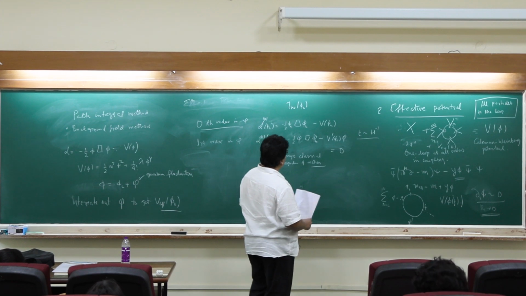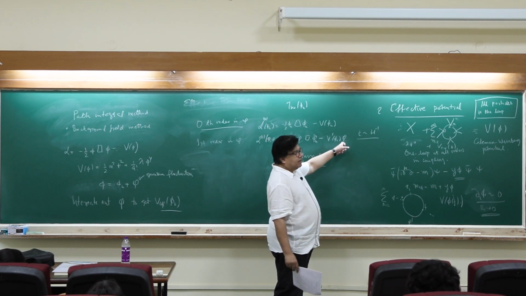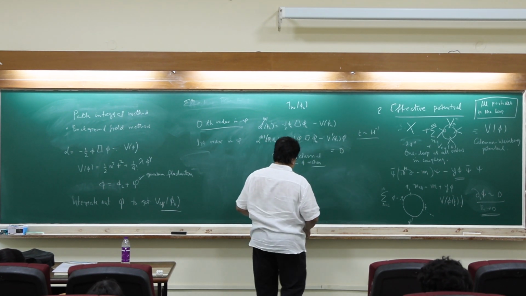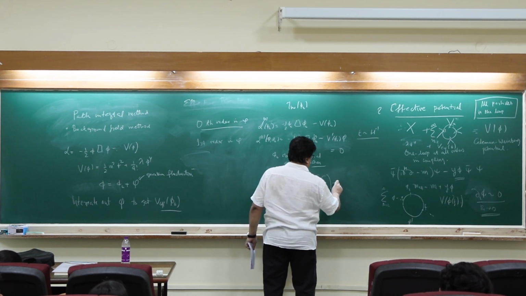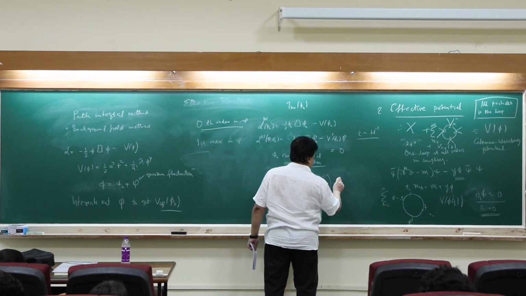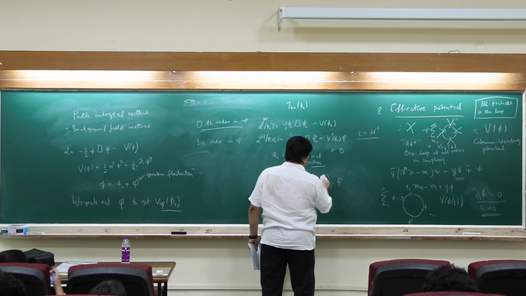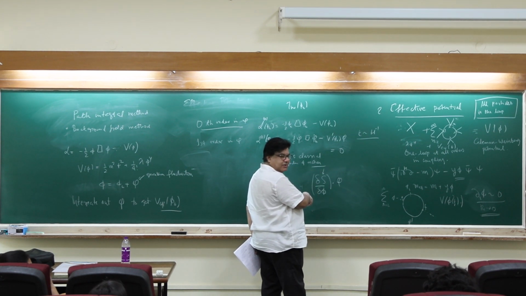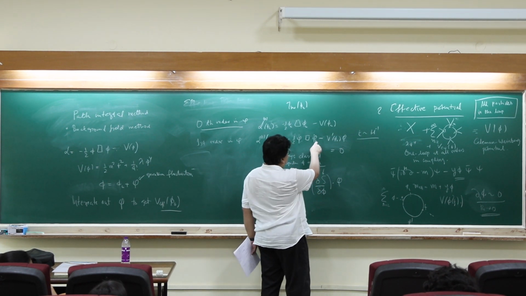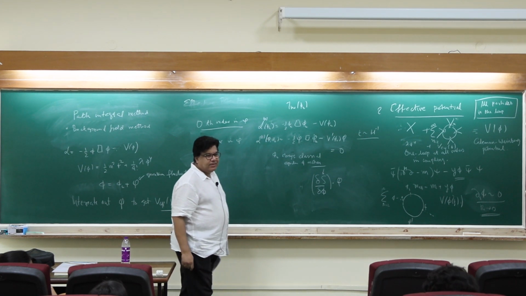I am taking variation with respect to small phi, so basically what I am doing is delta S upon delta phi times this is phi, but this object is the equation of motion for your classical field. So this object is 0. That's what you see clearly.